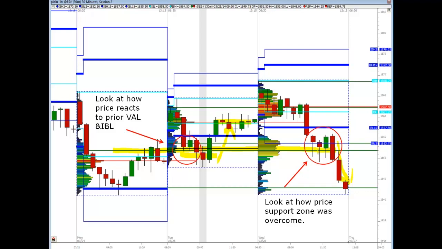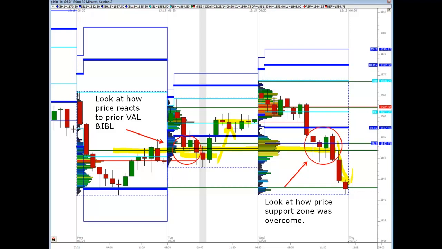But this was a perfect setup for a long, in some ways, a support zone, only to see it fail in the next period. The important thing is to understand price action and then to begin to be aware of what the patterns look like when we're overcoming a zone, or when in fact we cannot overcome and we get a breakdown and start to move in the other direction.